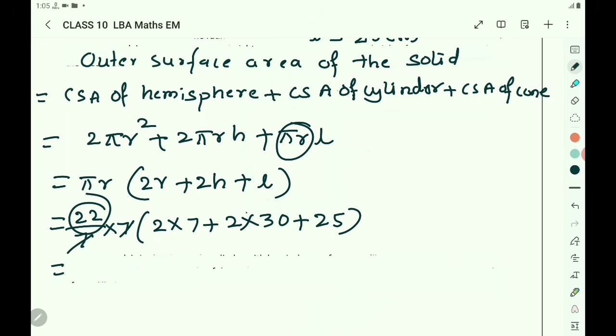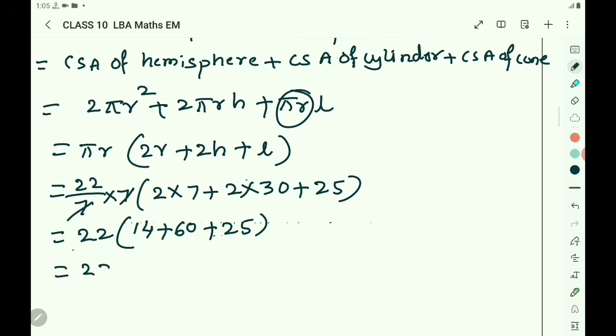What is remaining here? 22 into 2 7s are 14, plus 2 30s are 60, plus 25 equals 22 into, 14 plus 60 is 74, 74 plus 25 is 99. 22 into 99.